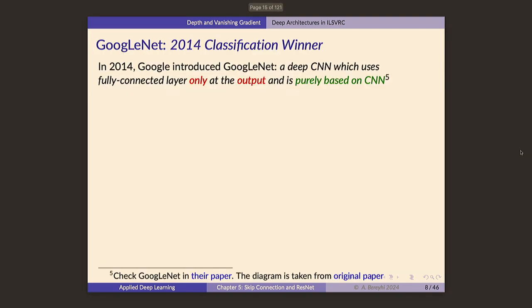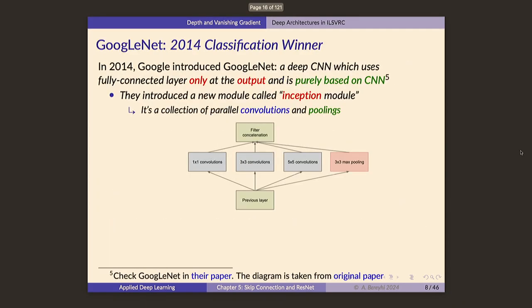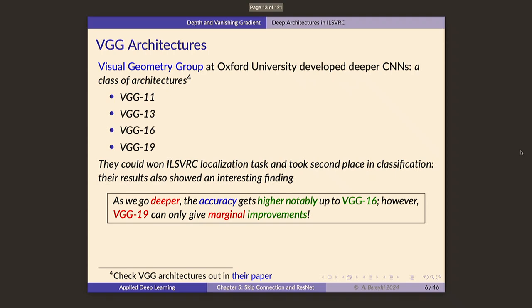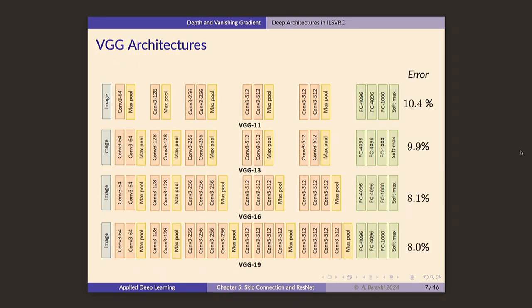The numbers are in the next slide. Sorry, these are the numbers that we do have. If you look at the error, here it is 10%, here it is 9%, here it is 8%, and then from 8.1 you just drop to 8.0.